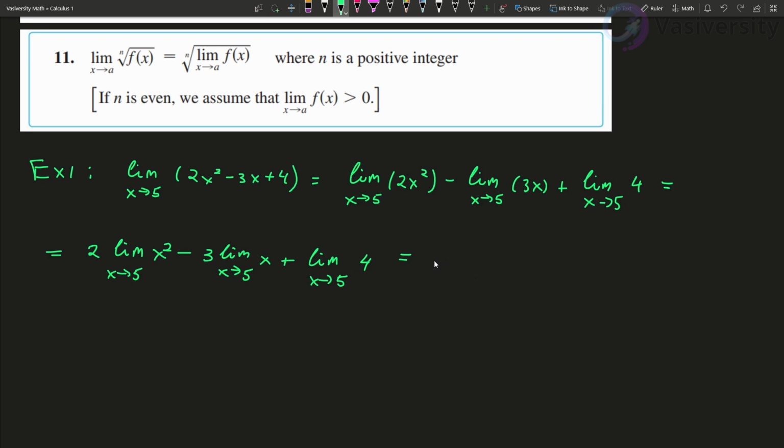So we will have 2 times 5 squared minus 3 times 5 plus 4, which will give us an answer of 59. So the limit of that quadratic is 59.